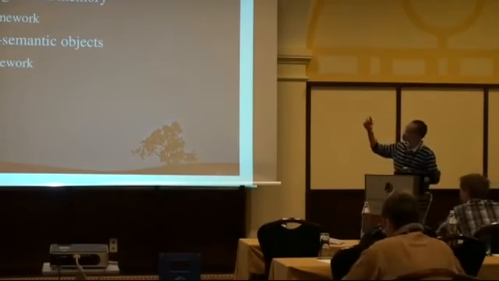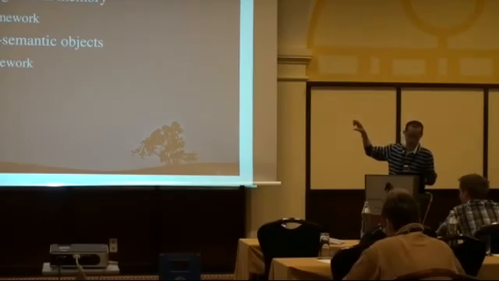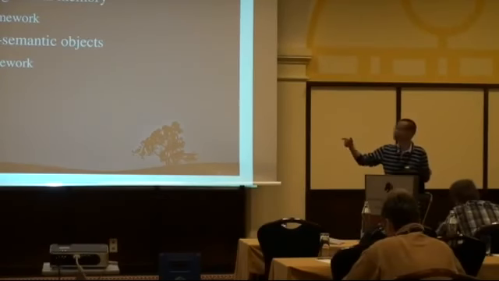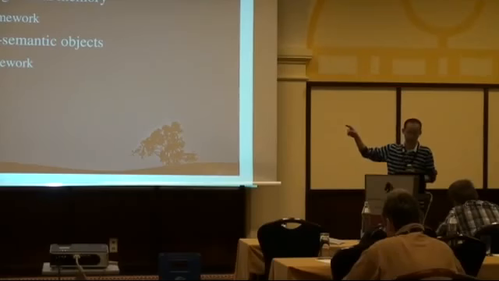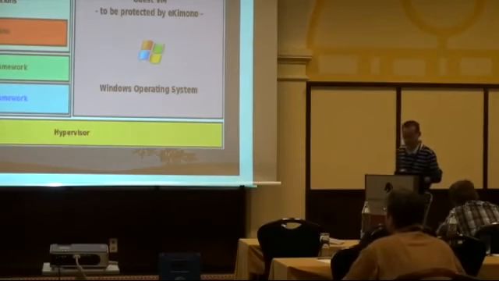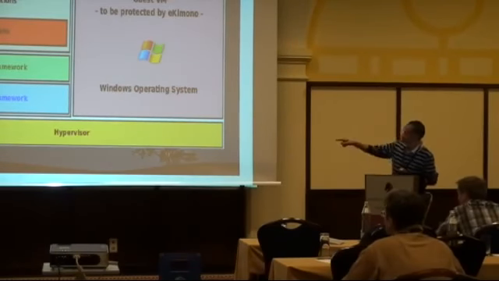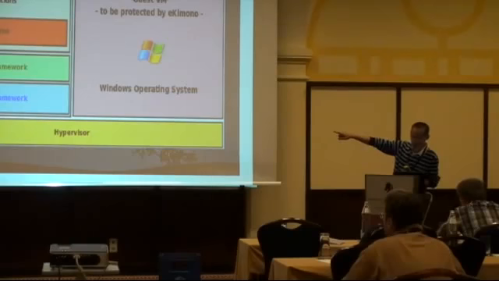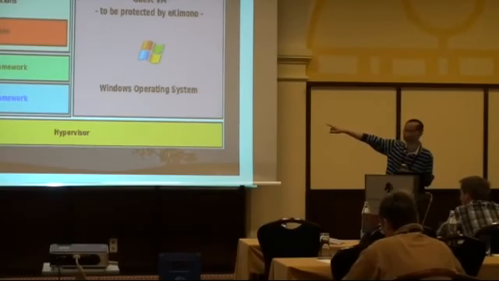So to solve those two problems, I propose two frameworks. One framework can be used to understand the virtual memory, and the other framework can be used to get the OS semantic objects from the memory. And here's the architecture. At the bottom layer is a framework named eKimono. It can be used to access the memory of the virtual machine.